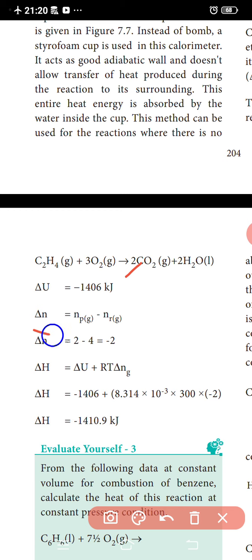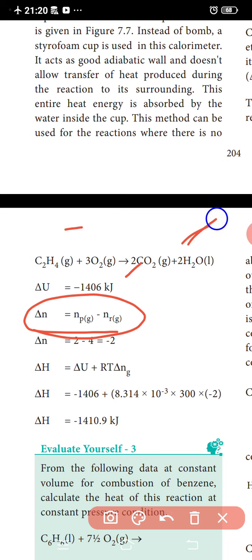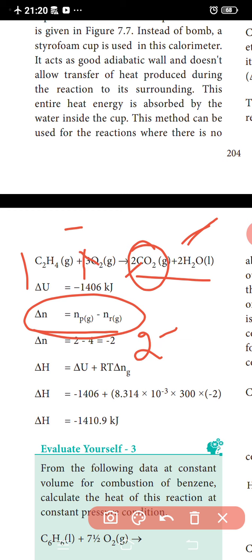Now the del N_g value is the number of gaseous moles of products minus reactants. The products have only 2 molecules of carbon dioxide, minus the reactants: 1 molecule of ethylene and 3 molecules of oxygen, so 1 plus 3.